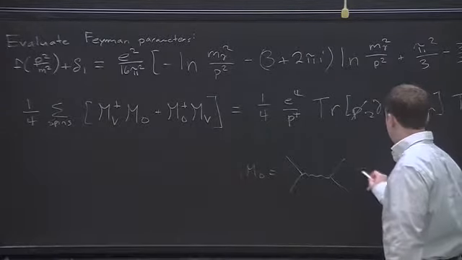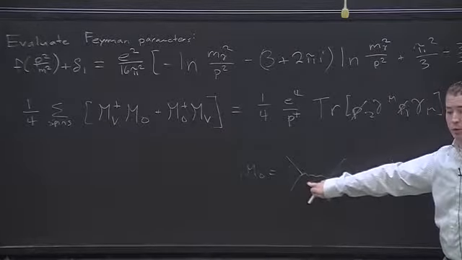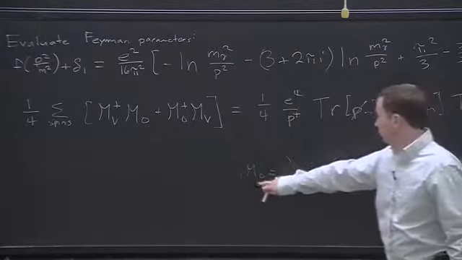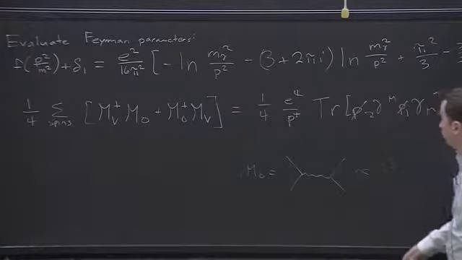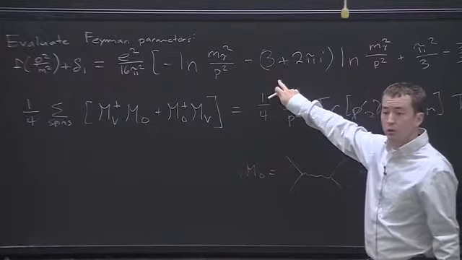So one I from each of the vertices, one from the propagator. So m naught is purely real. So that means that when we calculate this, only the real part here will contribute.